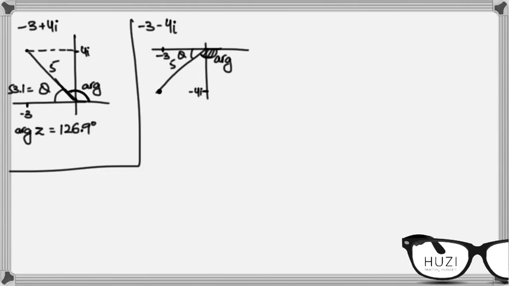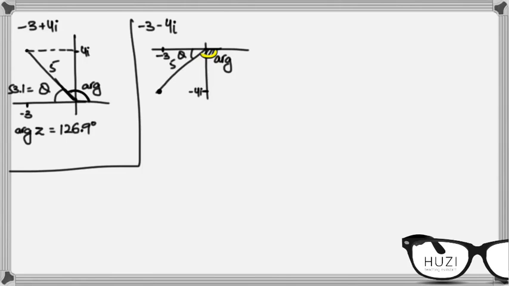This angle, let me use a different color, highlighted in yellow, will be 126.9, but we said that the principal argument is always from minus 180 to plus 180.